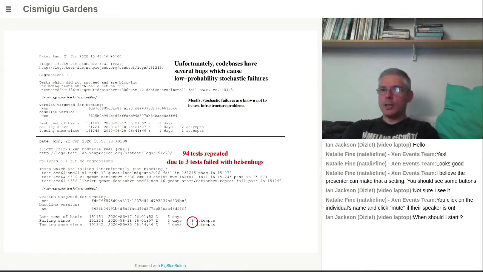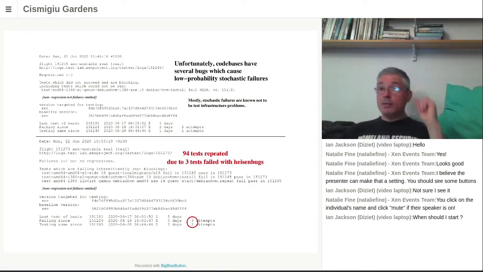So the logic is that if you run the tests on the same version and you've got at least one pass, that will count as a success. This is not ideal, but because Heisenbugs are by their nature probabilistic and they tend not to show up with very high probability, it's difficult to keep them out of the tree completely.